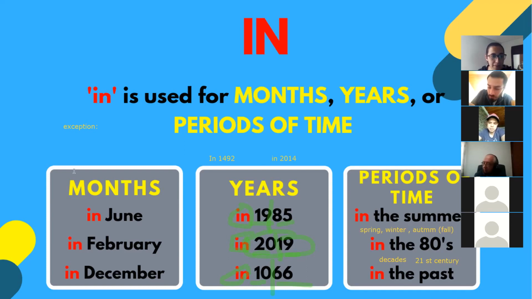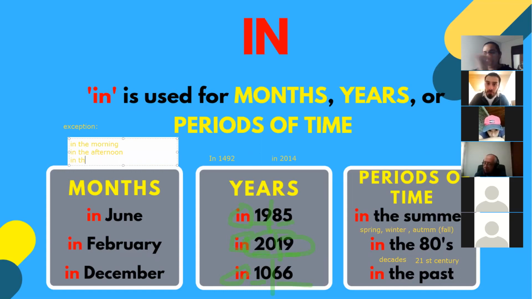So in this case, if I want to talk about the morning, I will say in the morning, okay? So you say, for example, we have a technical class in the morning, right? Or you can say in the afternoon, and also you say in the night. That is a little mistake we have to remember. In the evening, that's important.